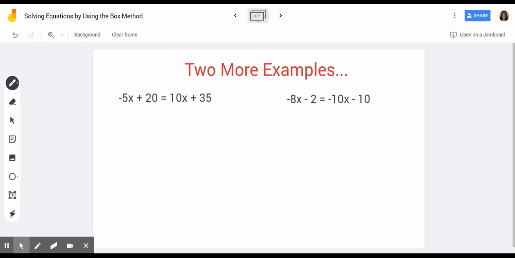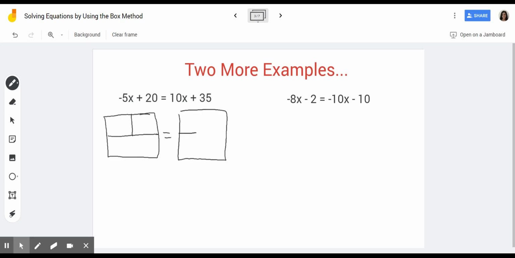The first one says negative 5x plus 20 equals 10x plus 35. The first thing you want to do is create your boxes. Once I do that, I'm going to move my terms to their corresponding sides.